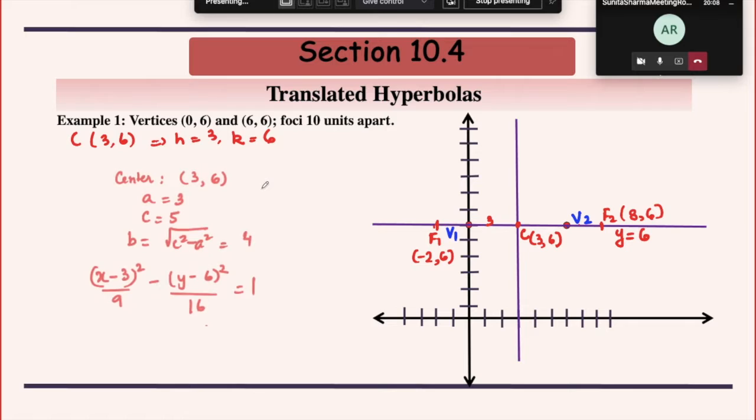Okay, so these are the steps. B comes out to be 4 and the equation is x minus h whole square by a square. A is 3, so a square is 9, minus y minus 6 divided by b square. B is 4, so b square is 16, equals 1. This is the equation of your hyperbola.